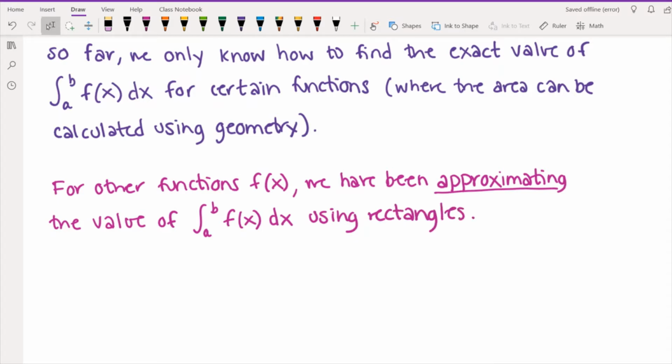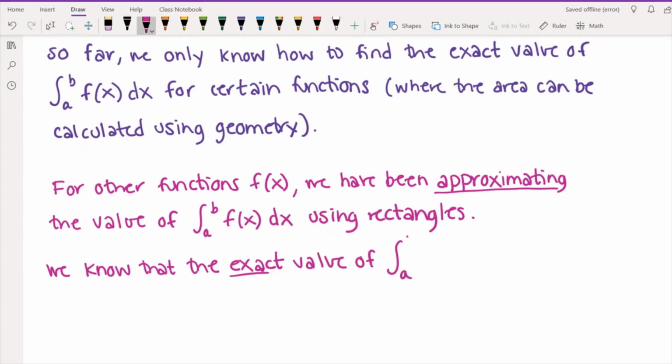And we talked about in an earlier video how, technically, the exact value of the integral is equal to this limit, right?